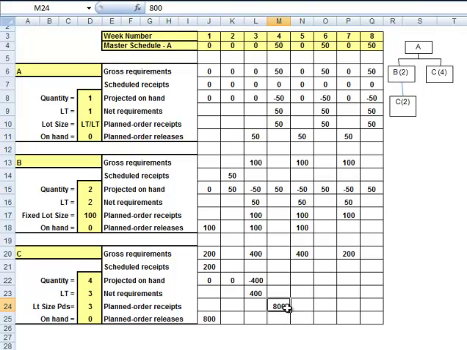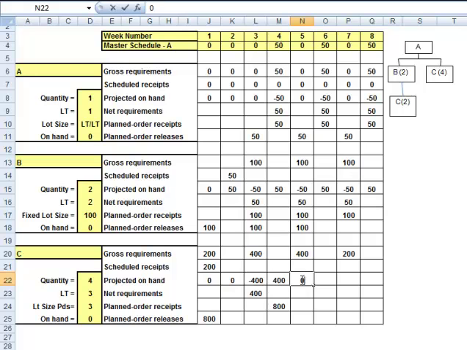So, finishing the planning for Part C. We have 800 that are going to be coming in. So the projected on-hand inventory in time period 4 is going to be 400. So I'm going to take 400 out of the 800, and that leaves me with another 400. In time period 5, the projected on-hand will be 400 minus 400 plus 0.